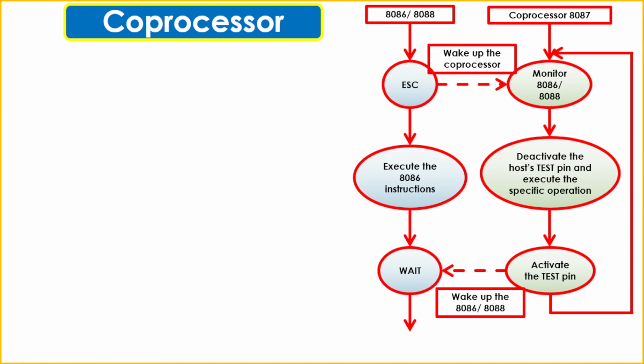It will execute further instructions, which belong to the 87. While executing the instructions, it will deactivate the test pin to intimate that the instructions are for the 87 and the 86 should be idle. After the completion of all its instructions, it will again activate the test pin by making it 0 again. Then the 86 will wake up and continue its execution from the common memory and IO devices. That's the coprocessor functionality.